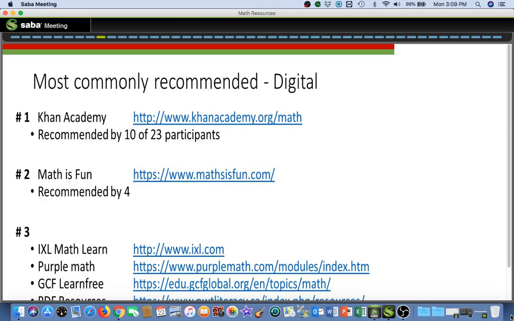It actually has an S. Maths is Fun, and that's difficult to say, by the way. 4 out of the 23 recommended that particular resource, followed by, at number 3, equally recommended were IXL Math Learn, Purple Math, GCF Learn Free, and PDF resources available at Northwest Territories Literacy.